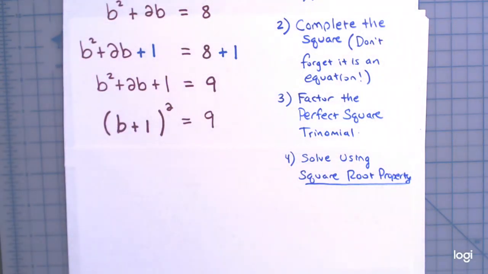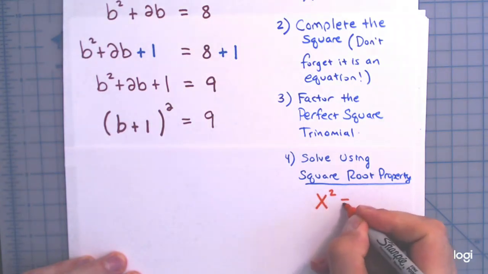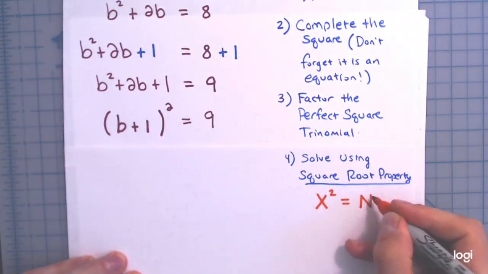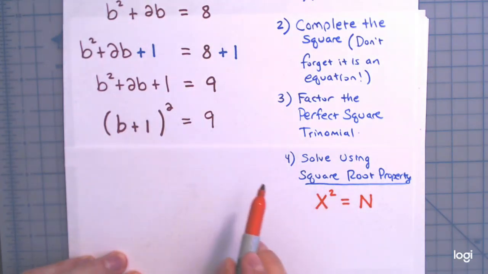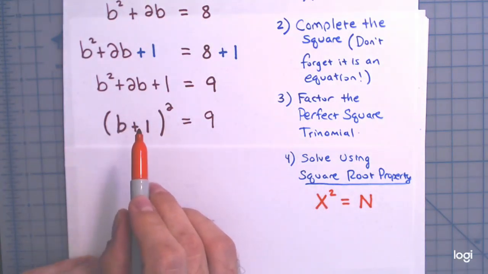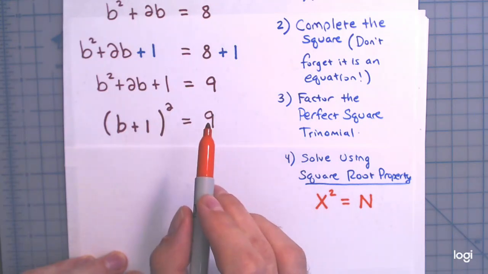If I have some expression squared equal to some number, like I have here, this capital X, I just put it as the b plus 1, being squared, equals this number n, which is like the number 9.